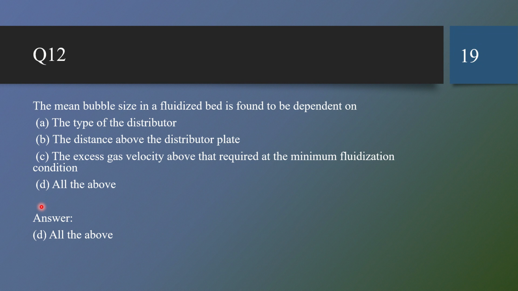It affects the distance above the distributor plate, and excess gas velocity above that required at the minimum condition, like how much it is in excess, only then that forms into bubbles. This is one of the theories. So excess gas velocity above that required for the minimum fluidization condition is one of the options. So the answer to this problem is option D, that is all the above.